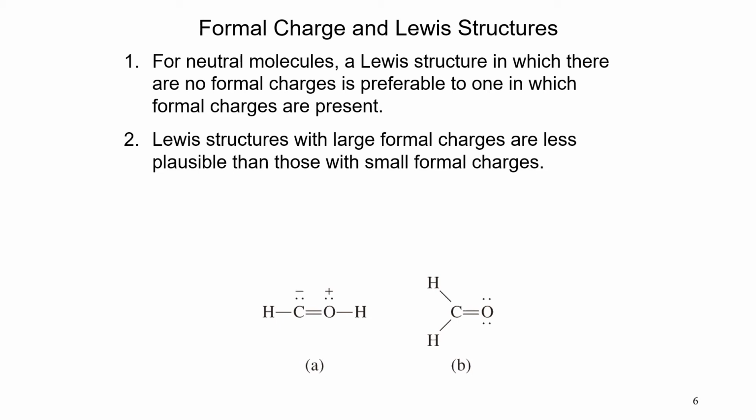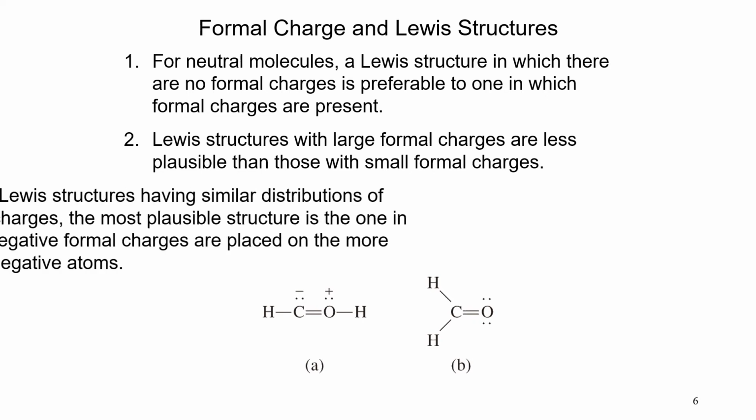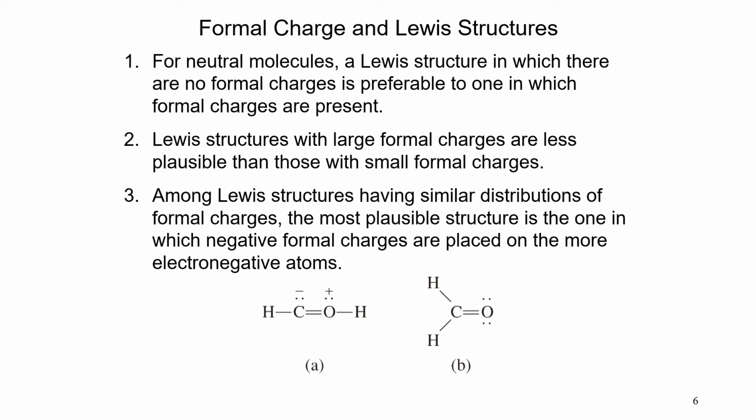So in other words, we want to minimize the amount of formal charge in our structure. And in Lewis structures having similar distributions of formal charges, the most plausible structure is the one in which the negative formal charges are placed on the more electronegative atoms.